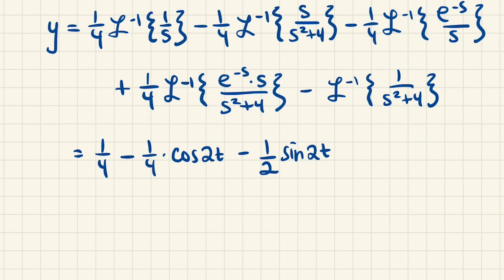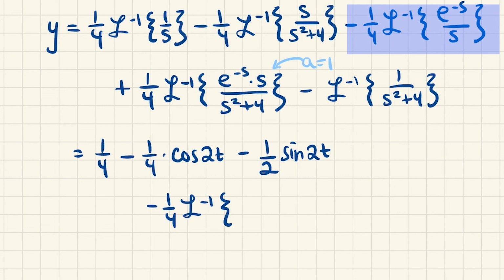So they're not too bad because we know like this first one's going to be negative 1/4. And then we can see that the a value is 1 on these. So this is just going to be the inverse Laplace of 1 over s, where t at the end is replaced by t minus a, so t minus 1 in this case, multiplied by the unit step function at t minus 1.